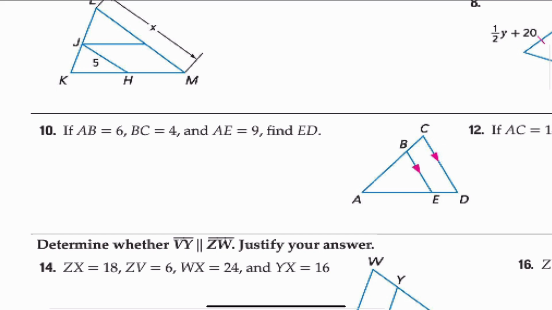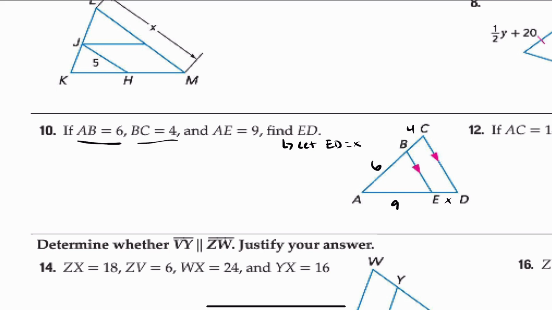So AB is 6, and then BC is 4, AE is 9, and then we're going to go ahead and find the ED, and let's let ED be X. So this is now X, okay?